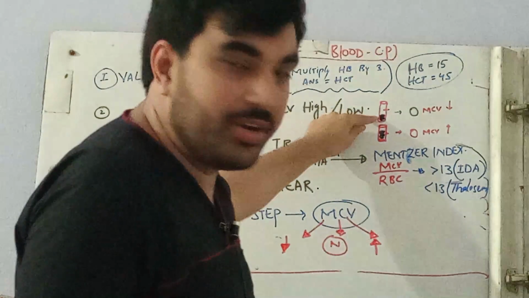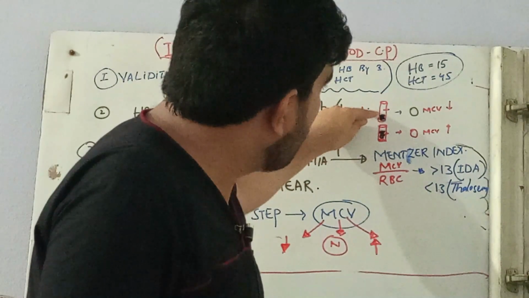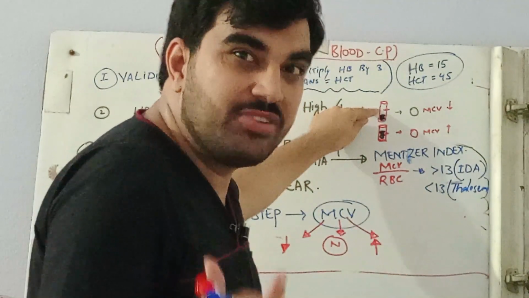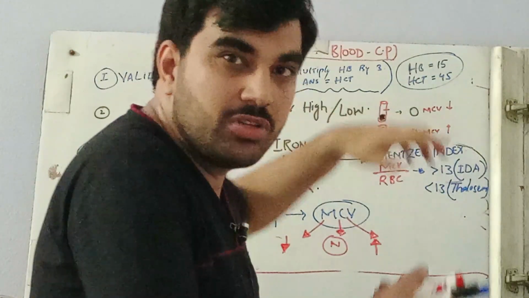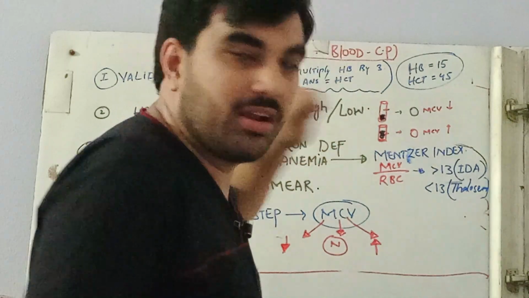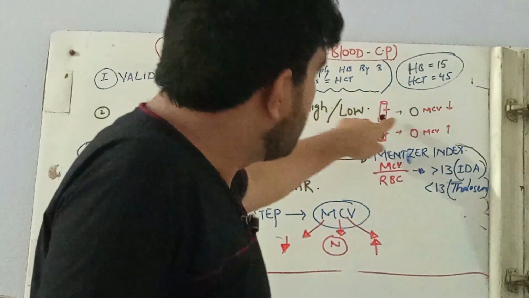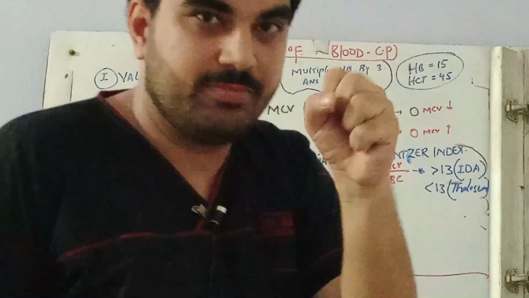You have taken less blood, and the EDTA or the anticoagulant that was in the blood CP vial draws the water from the RBC that was supposed to be diluted up to this mark. So the RBC shrinks.